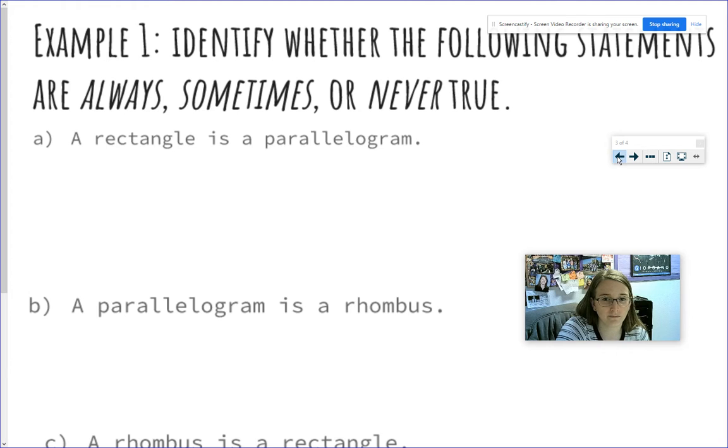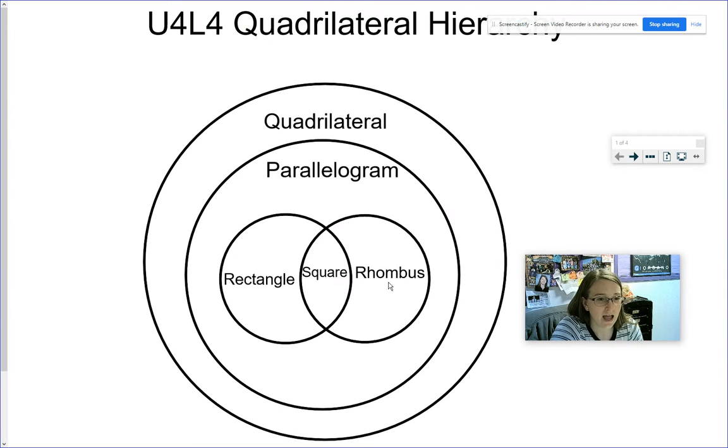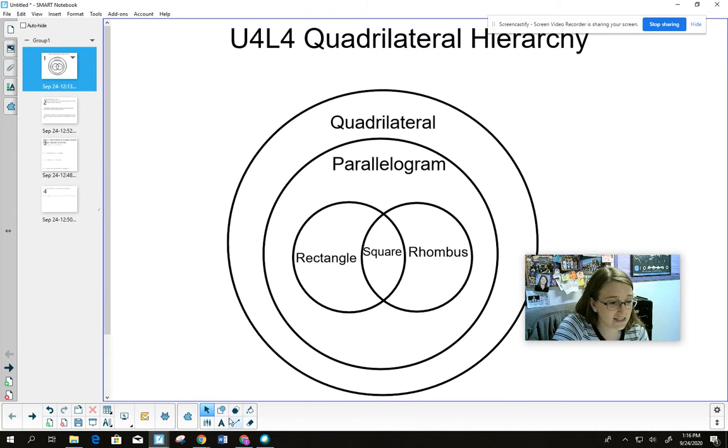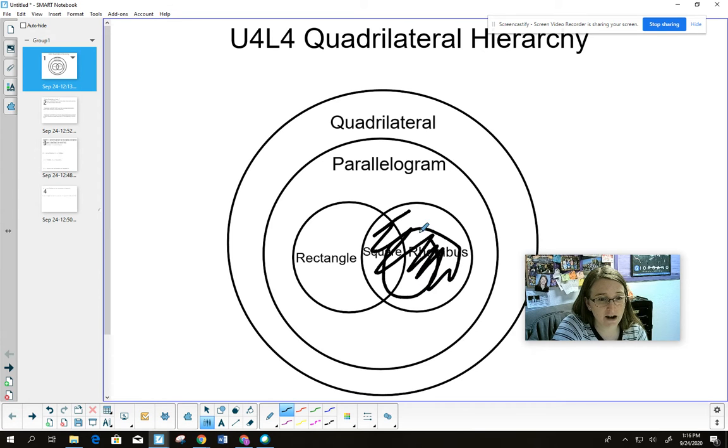So, for example, a rhombus is always a parallelogram because the entire circle for a rhombus is entirely inside parallelogram. So yes, it is always true that a rhombus is also a parallelogram.